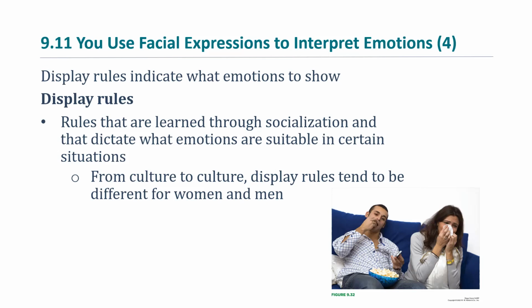However, this does not mean that women experience emotions more intensely than men. What it means is that men and women have been socialized with different display rules within our culture.